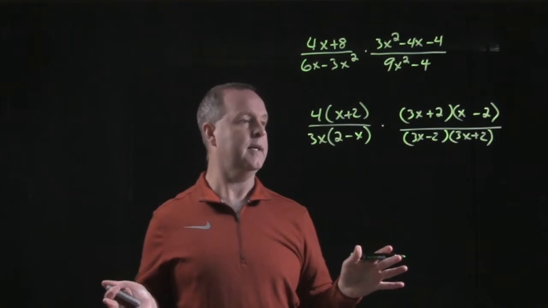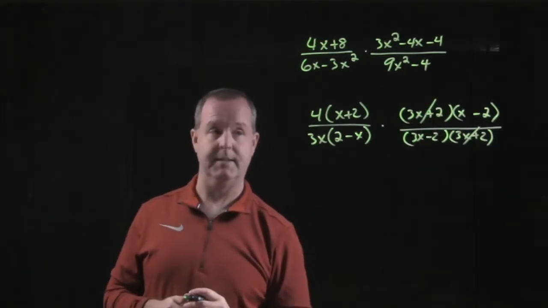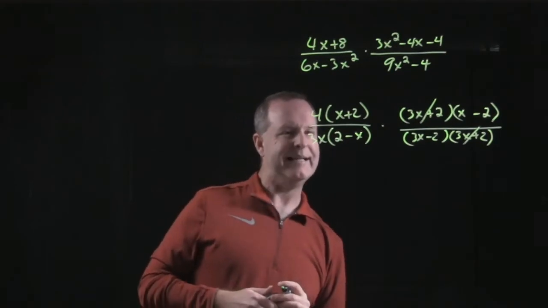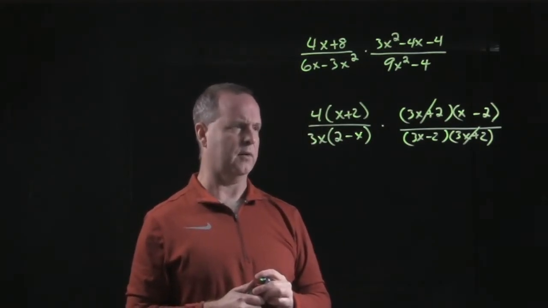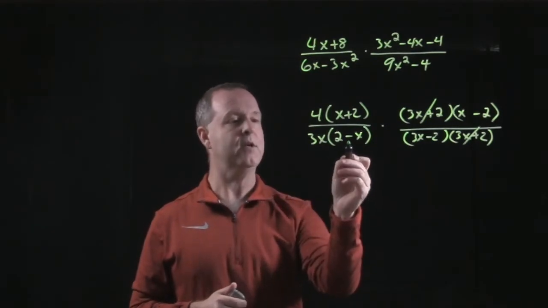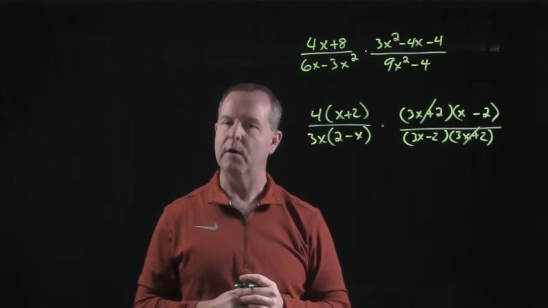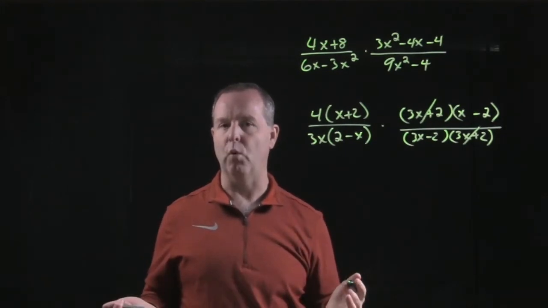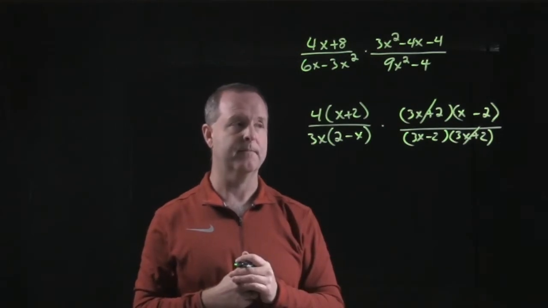All right, so I do see some things that factor out right now. I see 3x plus 2 factors out with that 3x plus 2. Yeah, I think maybe something else factors out. Wait a minute. I have a 2 minus x and an x minus 2 there. Those are offset by a negative 1, which means I need to factor a negative 1 out of one of those two terms.